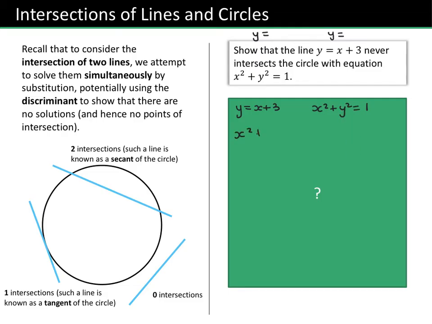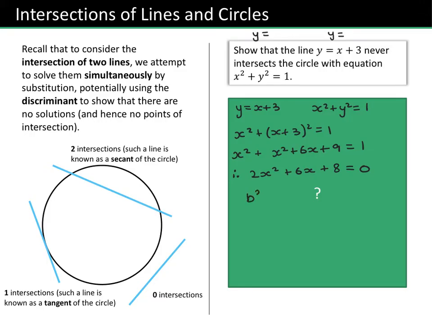So we're going to have x squared plus (x plus 3) squared equals 1. I'm now going to expand and simplify. We're going to have x squared plus x squared plus 6x plus 9 equals 1. That means we're going to have 2x squared plus 6x plus 8 equals 0. Now, to show that it doesn't intersect, we need to use the discriminant.